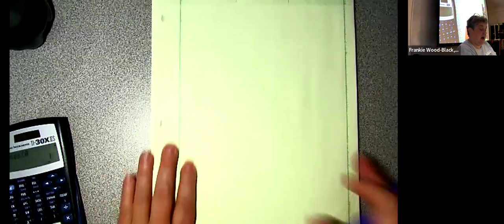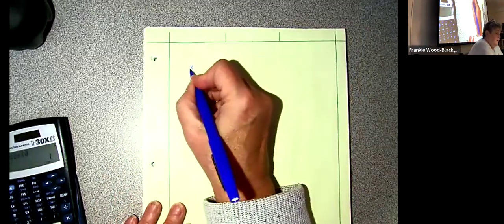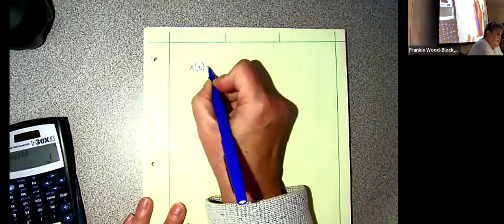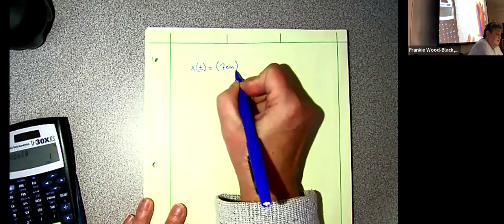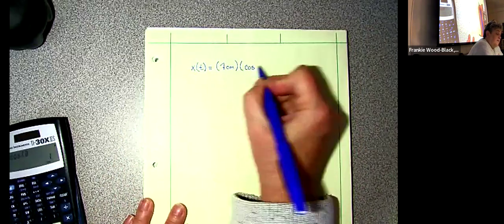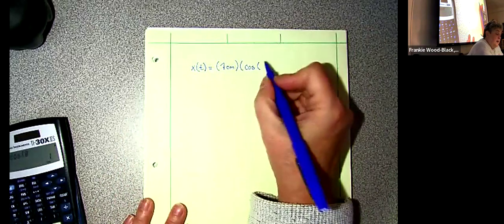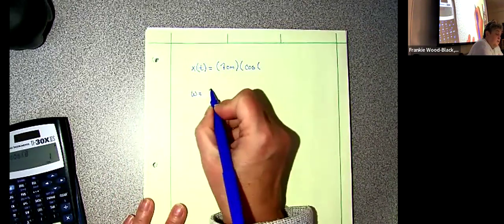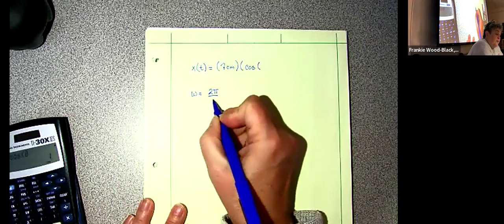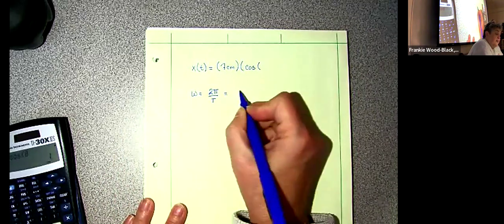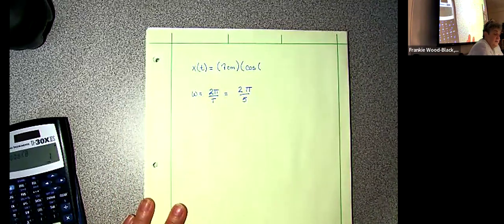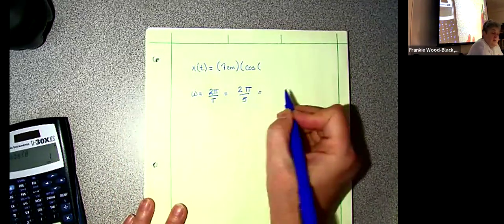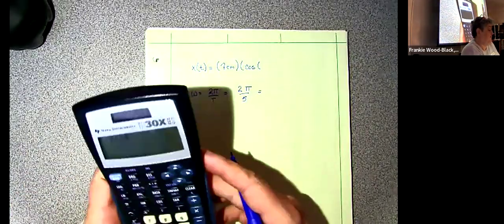So we can take that graph, just by looking at the information on the graph. We know that we're at 7 centimeters. My cosine is going to be, omega is going to equal 2 pi over the period, which is going to be 2 pi over 5, which is going to be 2 divided by 5.